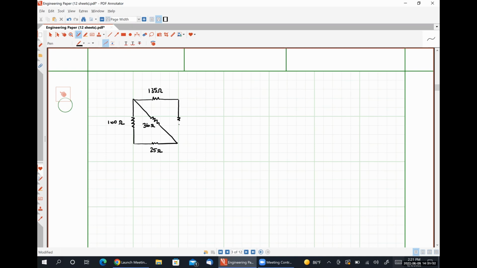We have a 50 ohm resistor here down the middle. We have a resistor R1 here, which has a value of 96 ohms. We have a resistor R3 diagonally across the bit here, having a value of 300 ohms. And then we have a 75 ohm resistor and a 200 ohm resistor.